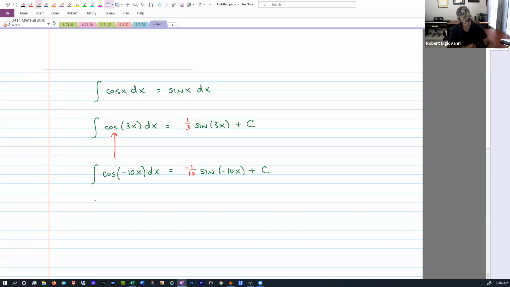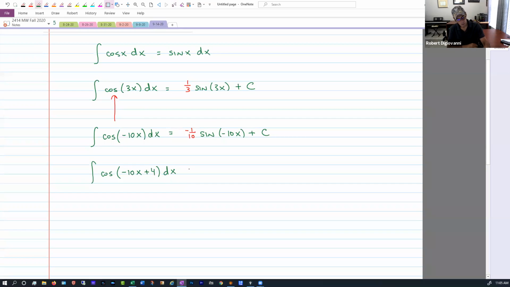Let me do another one. Cosine of, how about if I go negative 10x plus 4 dx? Well, we know the antiderivative of that's going to have to be sine of negative 10x plus 4 plus c. Now, what's going to pop out this time, and what can I do to counteract it?